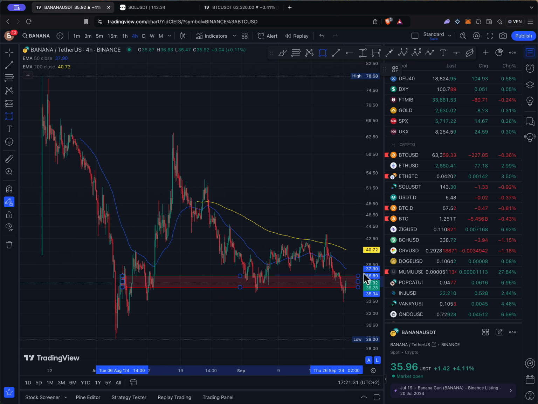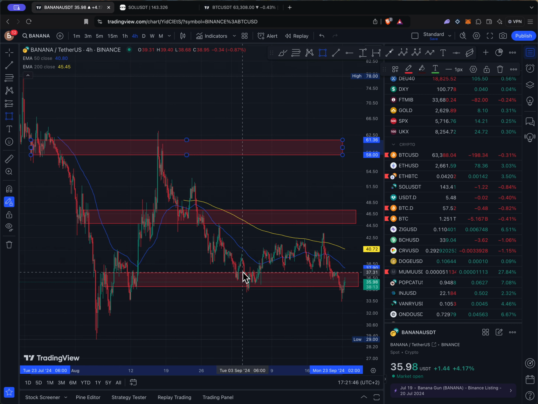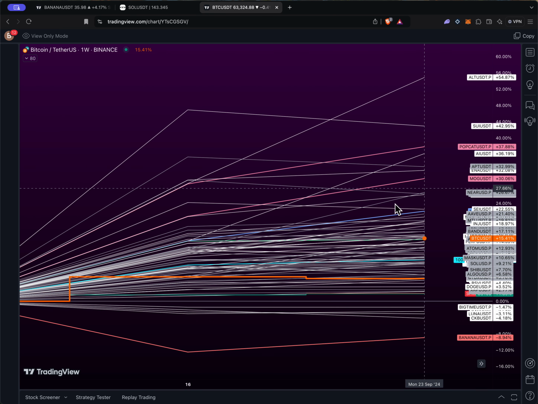This looks pretty nice in here. This also looks like another nice liquidity zone. And then we have here, in this case, we can see that as it's underperforming, there are good chances that Banana could catch up with the pack.